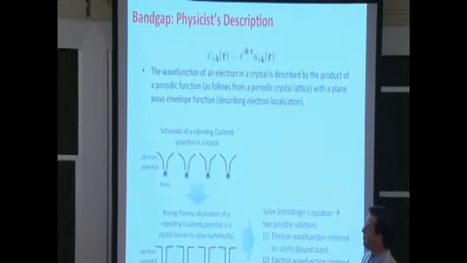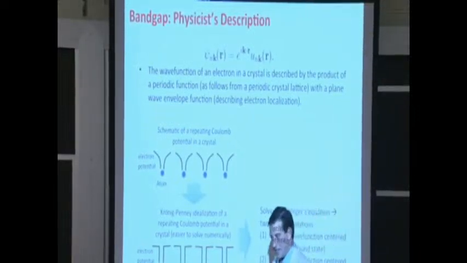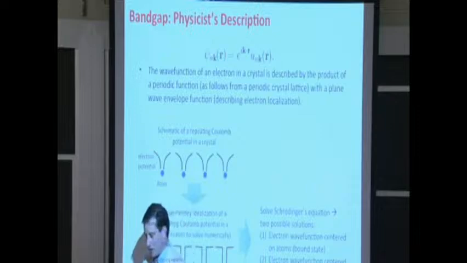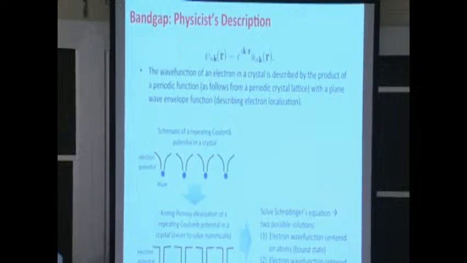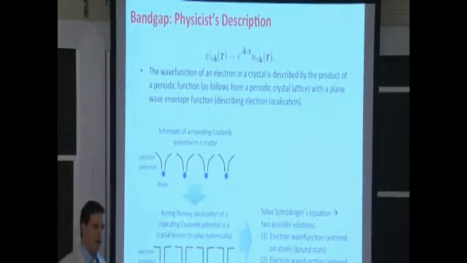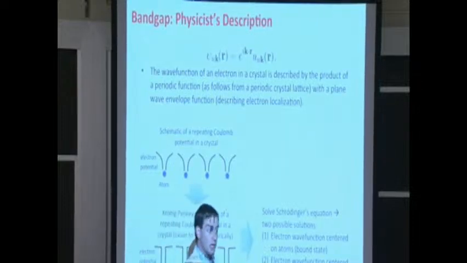Now, if we introduce that electron into a crystal, it's almost like an infinitely repeating system of atoms, right? And so you could envision that you could describe the wave function of that electron as a combination of a plane wave but perturbed by that locally repeating potential from the atomic nuclei.